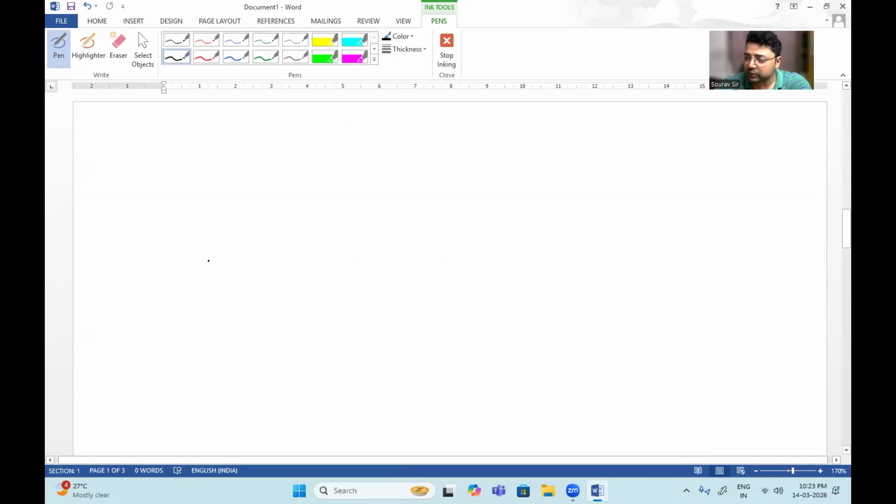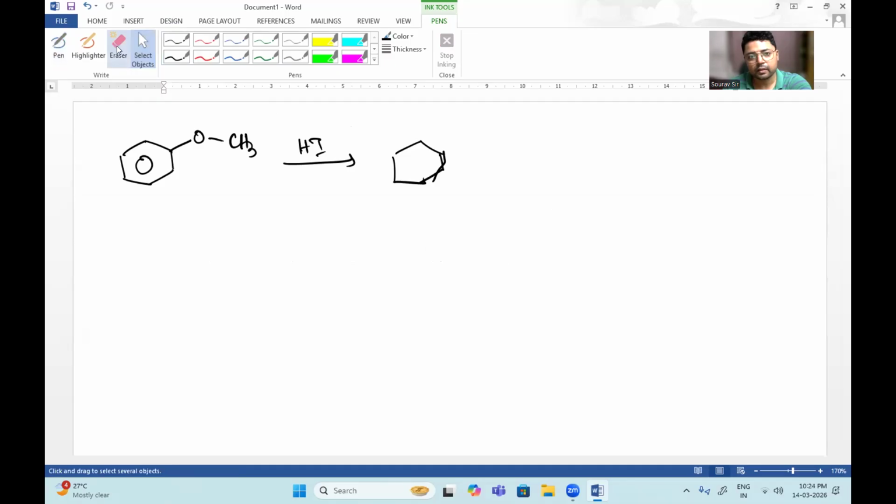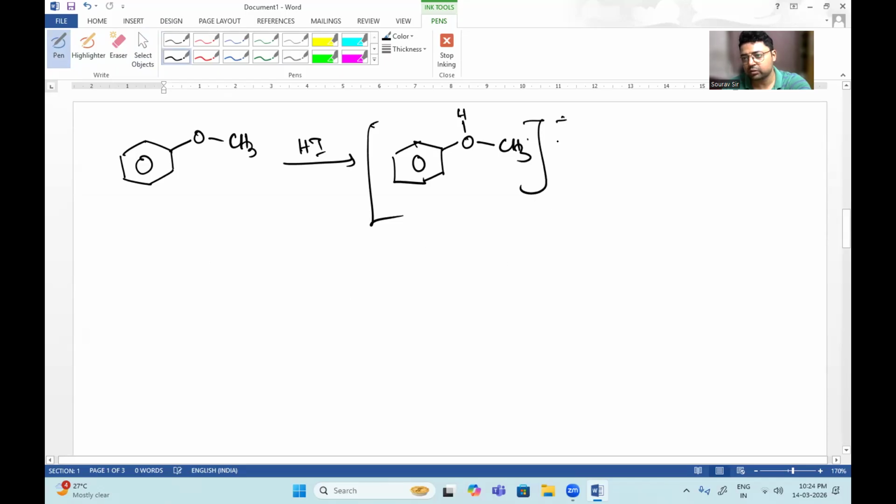One more type of ether that we have discussed here is phenyl ethers, like OCH3 or anything. When you are using HI, the same thing will be formed here, with the OCH3, H, and this intermediate cation.